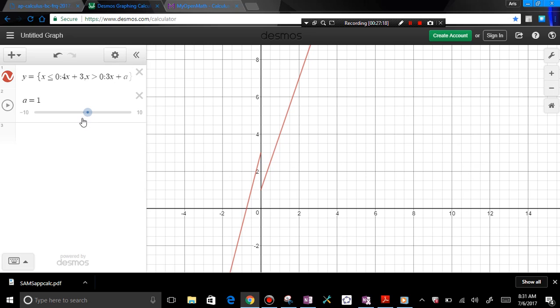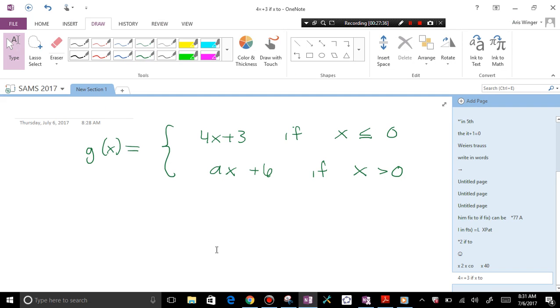So it looks like A should be about 3 for this to work. Something like that to make things fit, right? Let's go ahead and demonstrate that. Why is it 3? Well, we need the limit from the left to be equal to the limit from the right.